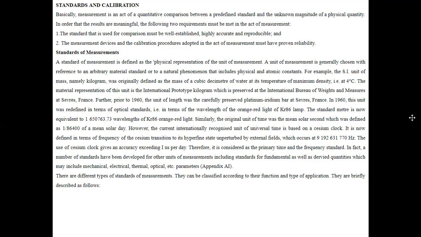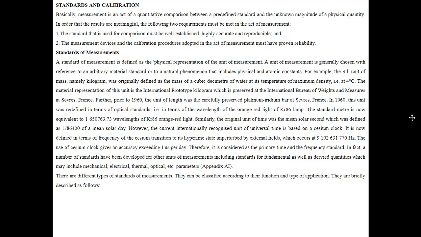Similarly, the original unit of time was the mean solar second, which was defined as 1 divided by 86,400 of a mean solar day. However, the current internationally recognized unit of universal time is based on a cesium clock.